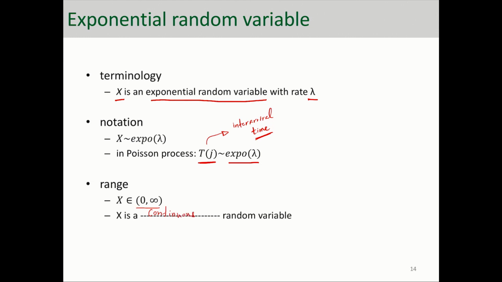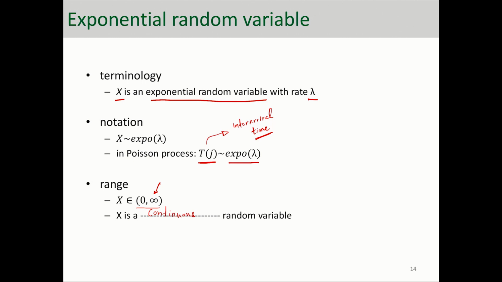And the range of that is between 0 to infinity. The time between two customers' arrivals can be 0, which means they arrive at the same time, or it can go all the way to infinity, which means the next customer doesn't arrive. So it can be any number between those two.